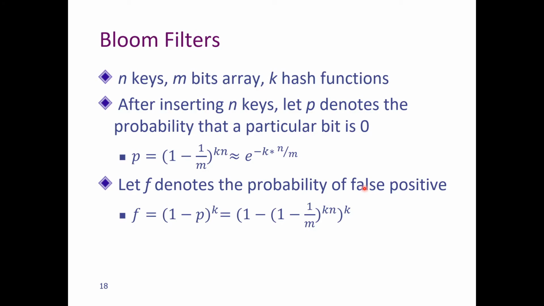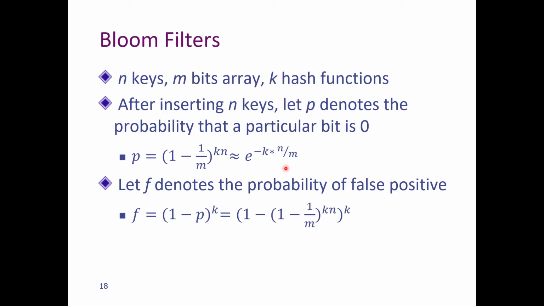So we can do some calculation. Suppose we have n keys, m bits, k hash functions. After inserting n keys, let p denote the probability that a particular bit is 0. Then p can be calculated using this formula.